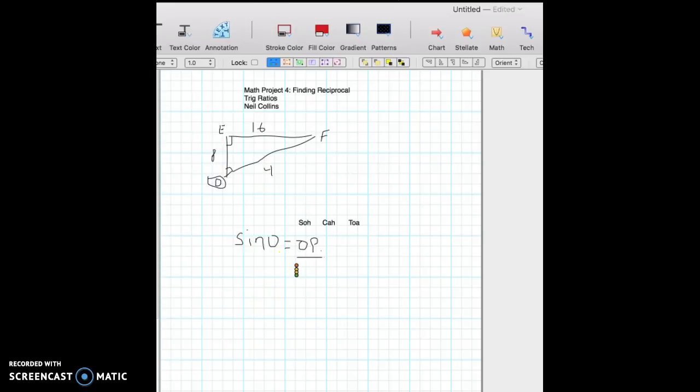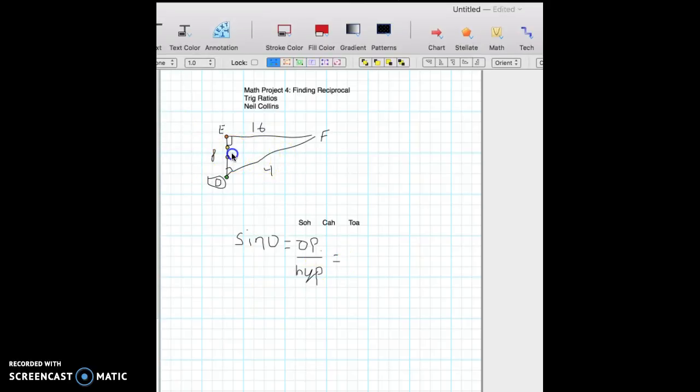That's a big word, so we're going to abbreviate it once more. And sorry about this stylus. I've been having a lot of issues finding a way to write, and this is the only application. So opposite over hypotenuse.